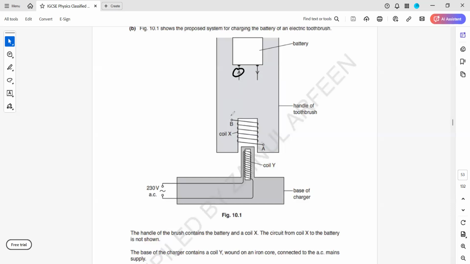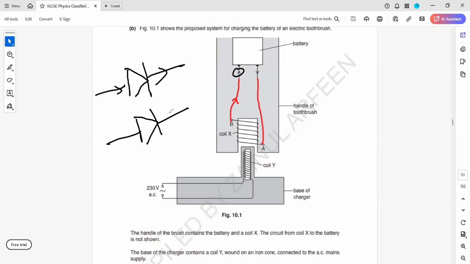If the current is coming from the side of the triangle, the diode will allow that current to pass. But if the current is from the side of the line, it will block that current. So we want the current to flow in this way. That's why I connected a diode in this manner, or I can connect a diode the other way around. Like both wires, we can connect this.